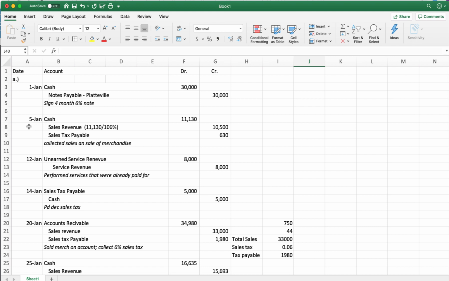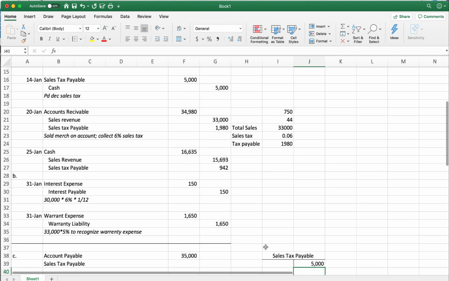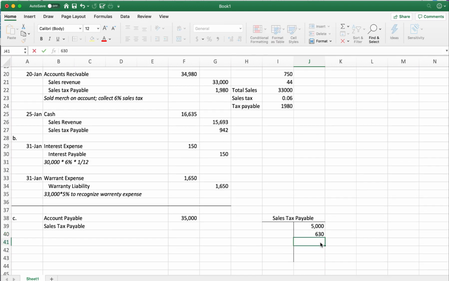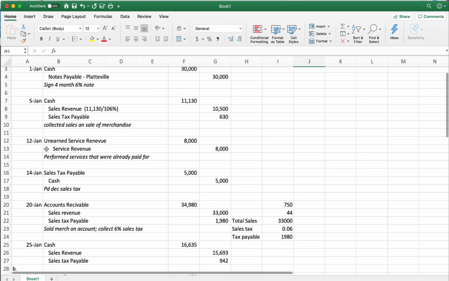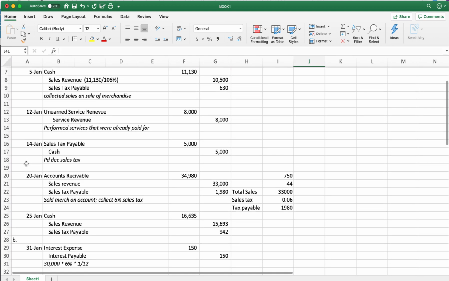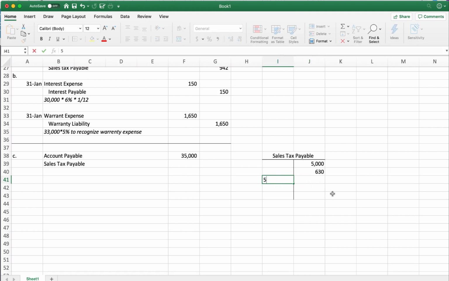Yep, second journal entry on January 5th, I have a credit for $630. So I'm going to plug that in. Okay, let me go back through and look. January 12th did not hit sales tax. January 14th, I hit sales tax payable. I decreased it by $5,000. Oh, sorry. So I'm going to come down here and post my debit of $5,000.